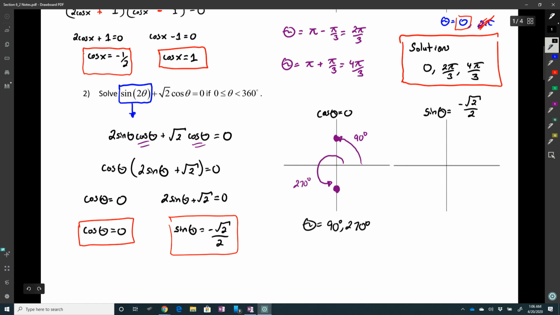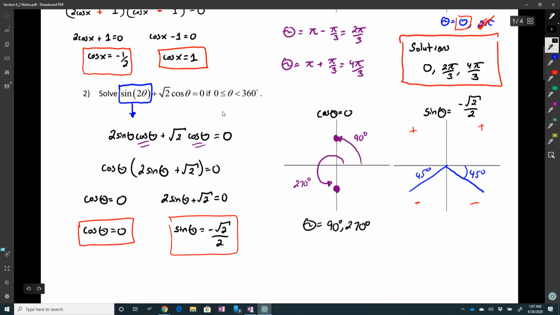And then sine of theta is negative square root of 2 over 2. Well, the reference angle that does that is 45 degrees. Sine, I know, is positive up here, negative down here. So my two angles are going to be 45 degrees this way, 45 degrees this way.